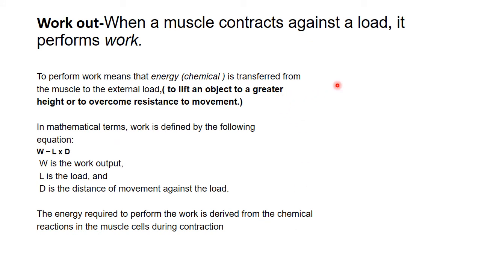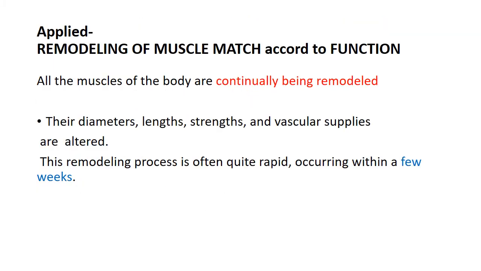To work out when a muscle contracts against a load, W, work output, is equal to load times distance. Remodeling of the muscle: as you know, there is a relationship between the length and the tension, and the velocity and the load.